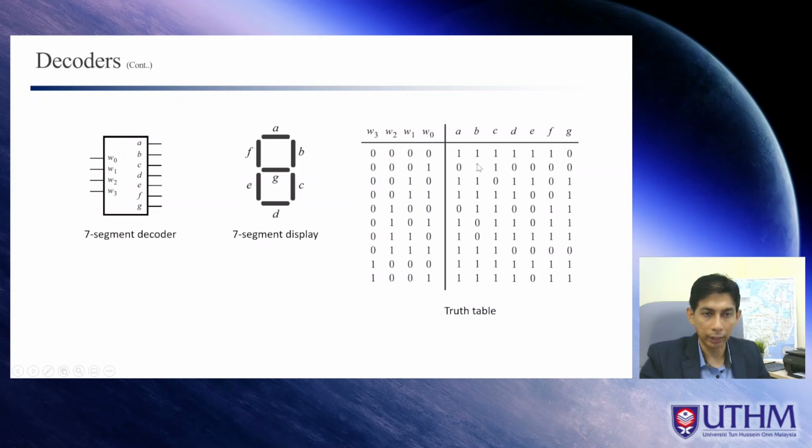So that is why we have 1 1 here, B and C, right? And others are 0. Number 2, yeah, A, B, G, E, D, right? And so on. So this is the decoder also. So you see, number 2, number 3, number 4, number 5, and until number 9. Yeah? So this one can represent from 0 to 9, right?